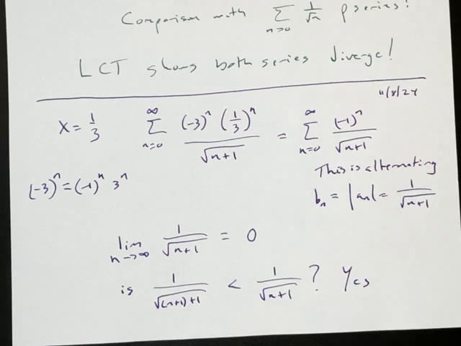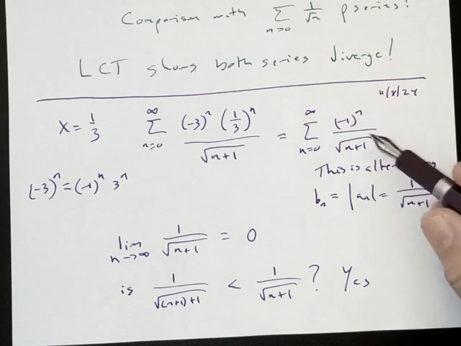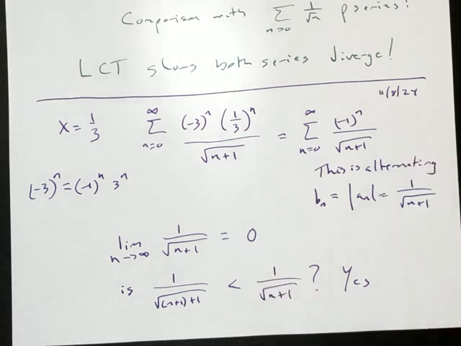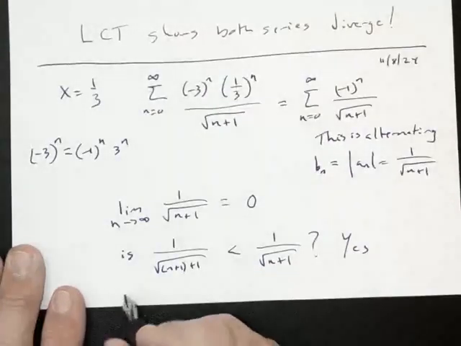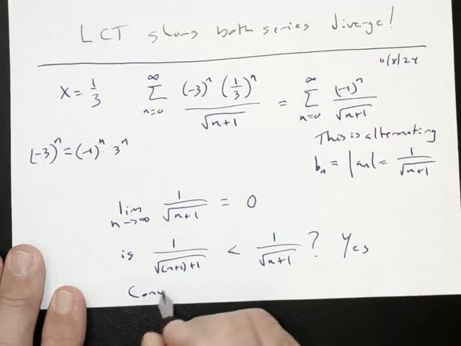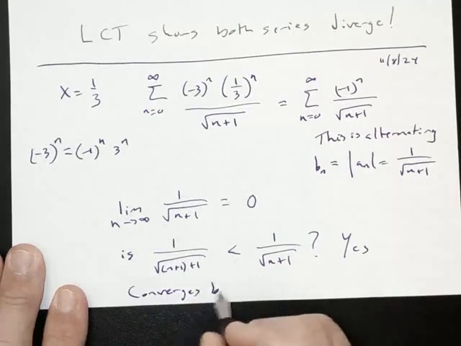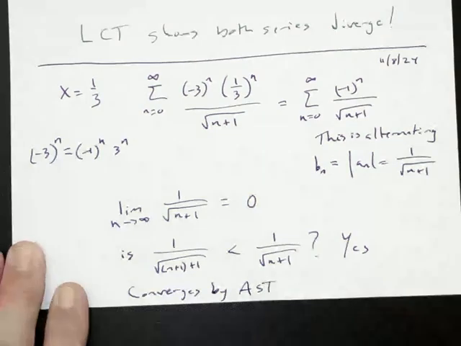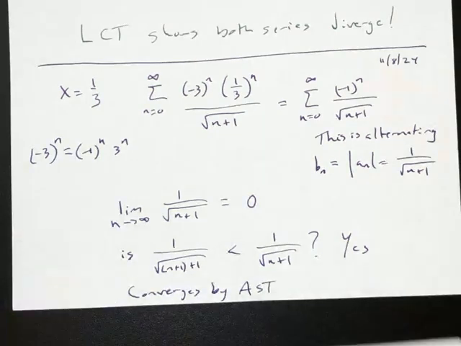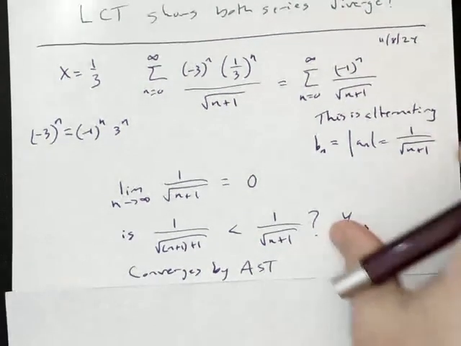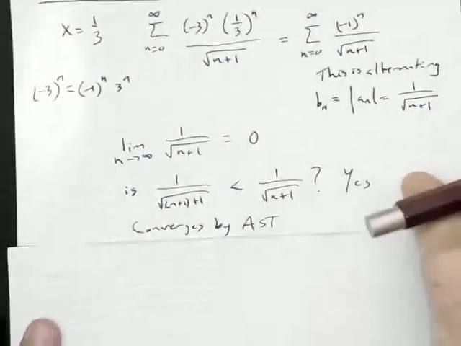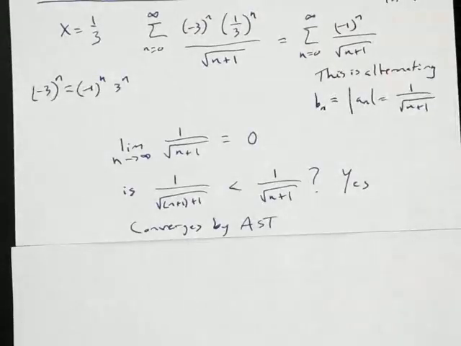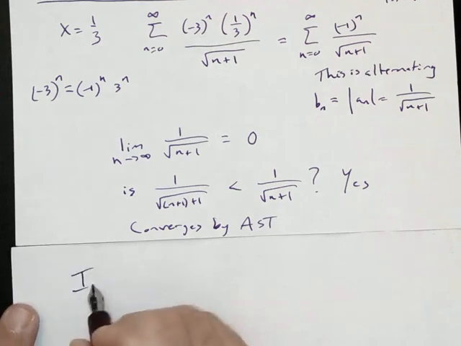And what does that tell me about the particular series we have here? If both of those are true, the alternating series test tells me it converges. And that means that in spite of the fact that negative 1/3 is not part of our interval of convergence, positive 1/3 is.